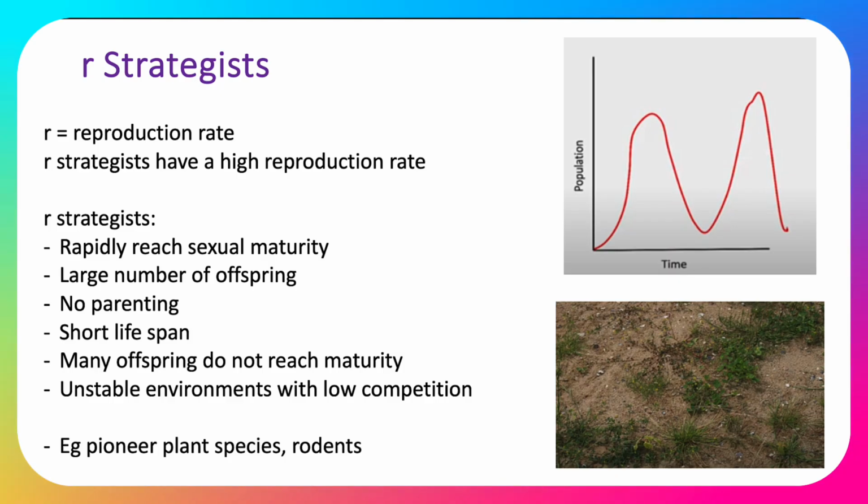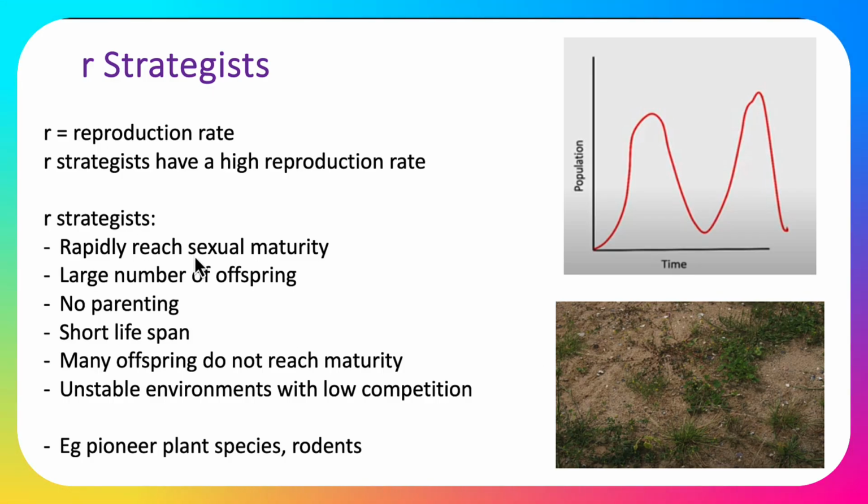So R strategists then. R, lowercase r, means reproduction rate. R strategists have a high reproduction rate. So they're things like weeds, those pioneer species, rodents like rabbits and rats, and insects like locusts. When the conditions are perfect, they produce a large number of offspring really quickly.